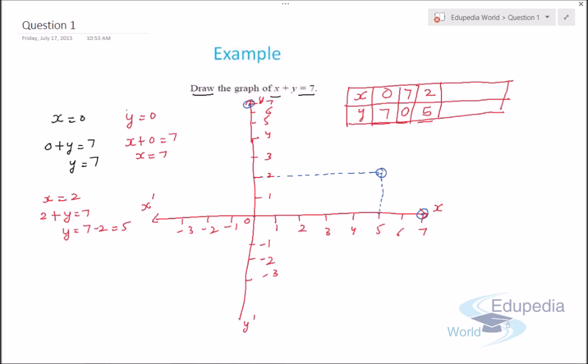So again what we'll do is draw a straight line to join all the points. Let me draw it again. It will come out like this.